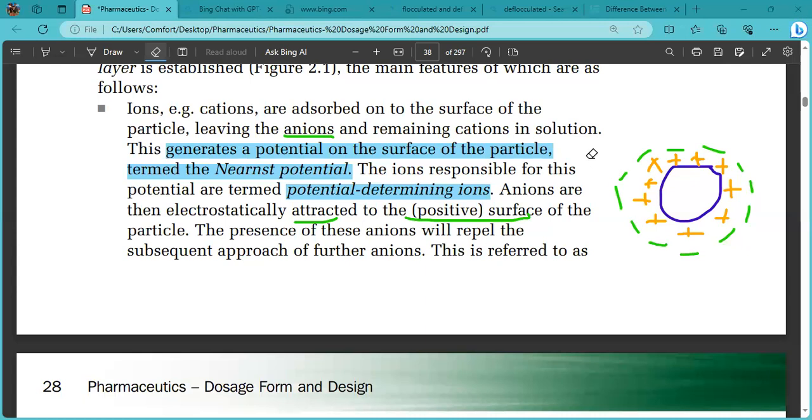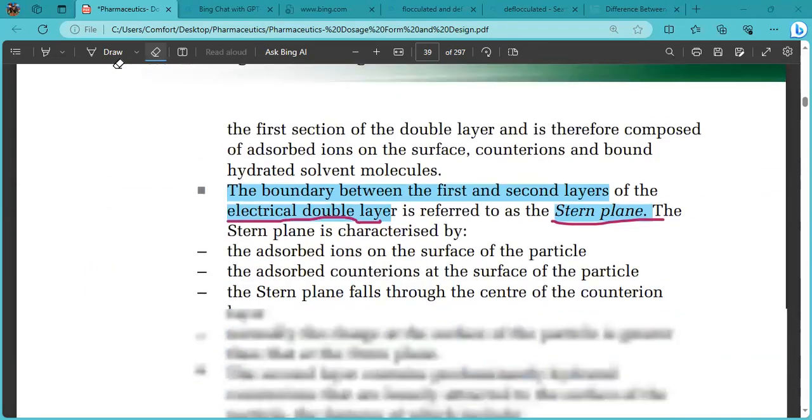I'm not sure how to demonstrate that part. The Stern plane seems to be right through the charge, not between the positive and the negative, just right through there, from what I've gathered. I don't know how to demonstrate that, but that's what I've understood.